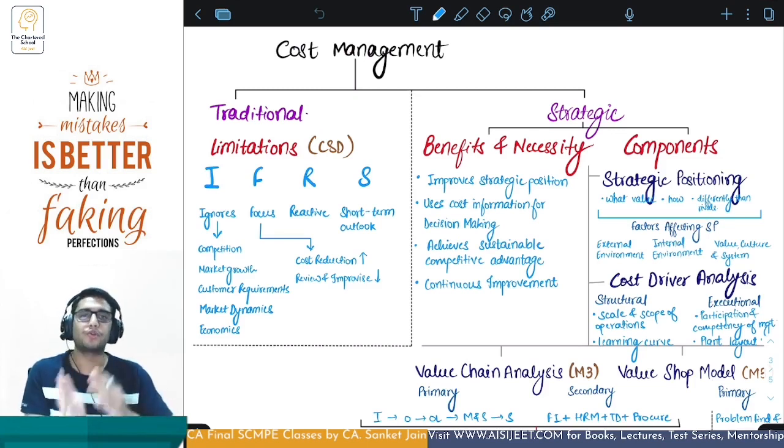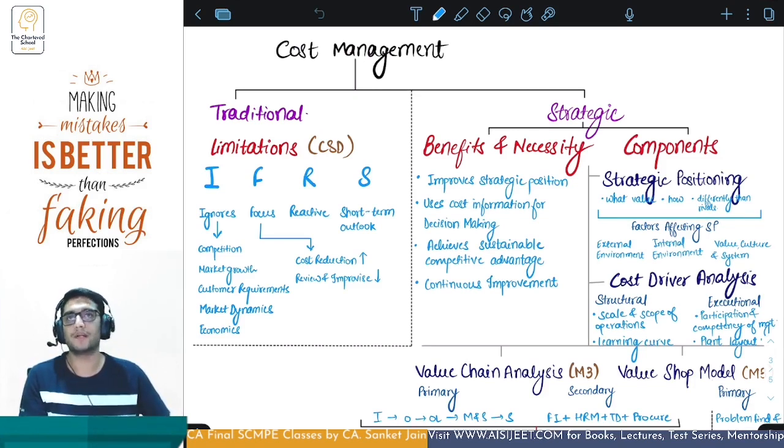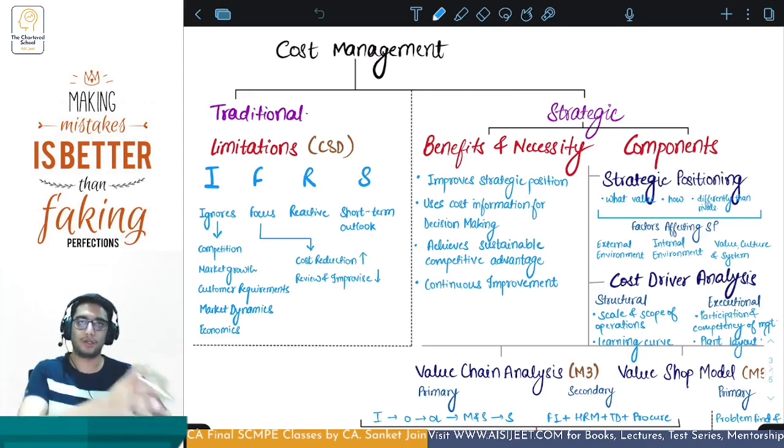This is not the approach taken in strategic cost management, where we implement activity based costing and try to ascertain how much of the cost driver has been used for a particular activity, and based on the volume of activity, we allocate the cost.